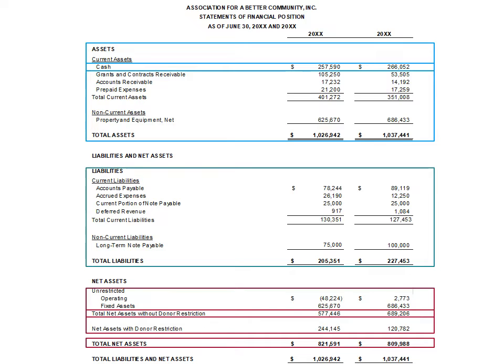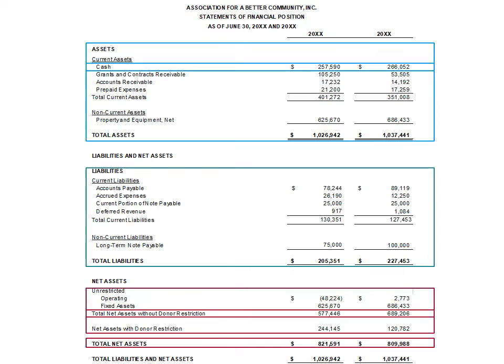Some organizations may have board-designated assets where the board earmarks a portion of net assets without donor restrictions for a particular purpose, like future capital projects or other potential investments. While the board may have placed requirements on management in order to access those assets, they're still not considered restricted from an accounting perspective.